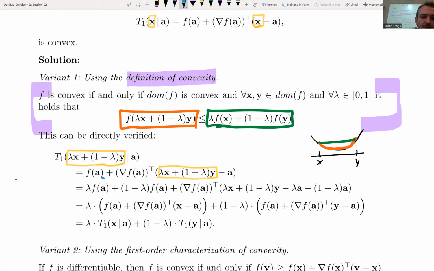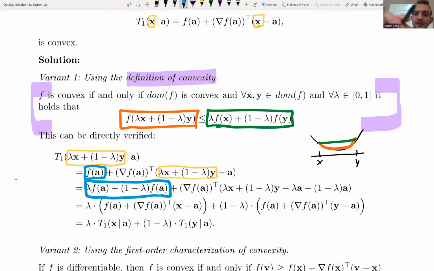Now what we can do is write this f of a in a more complex way. Namely, we write it also as a convex combination with itself. So f of a is definitely the same as if we multiply lambda to f of a and then add to this 1 minus lambda times f of a.